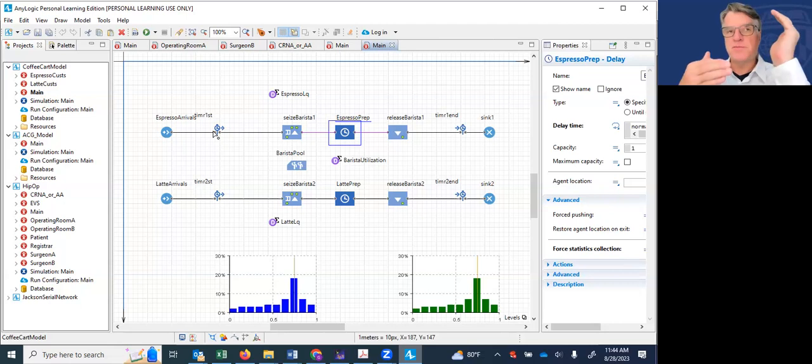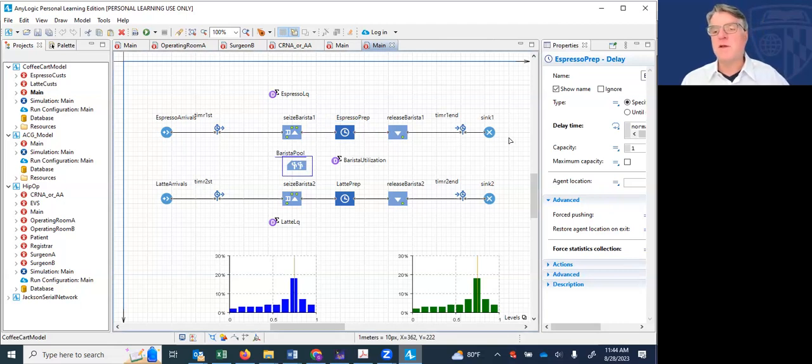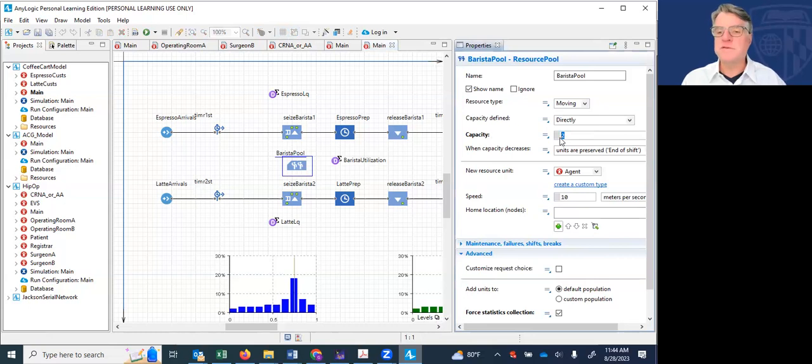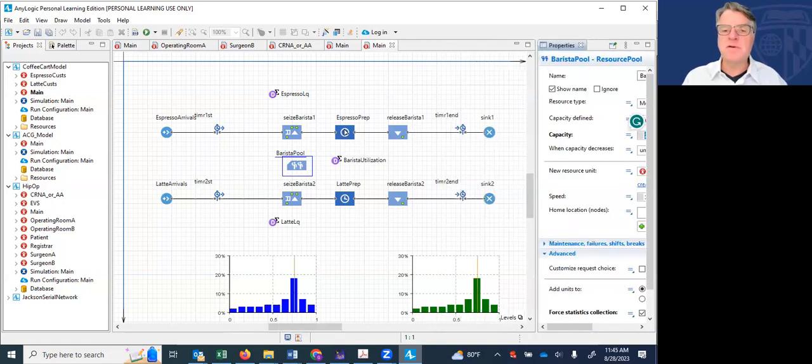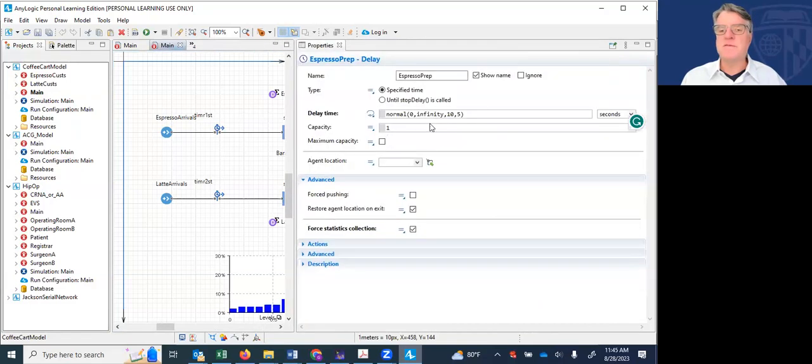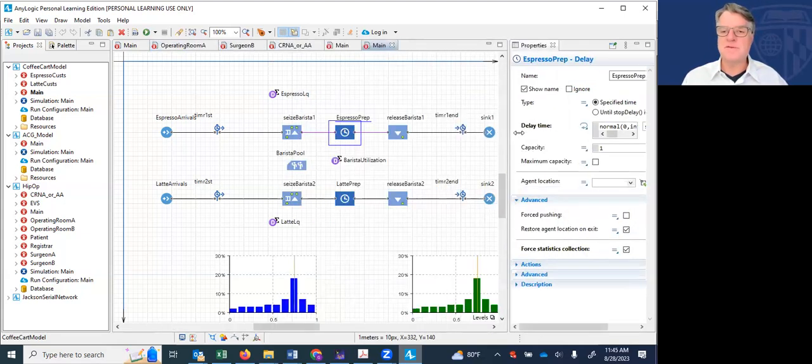We start a timer on them because we want to figure time in system. They seize a barista. The barista is a resource pool, and there are two of them, that's the capacity. Once you've got a barista, the coffee gets made. That's this espresso prep feature here, and the time on that is a mean of 10, standard deviation of 5, again using a truncated normal to prevent negative service times.